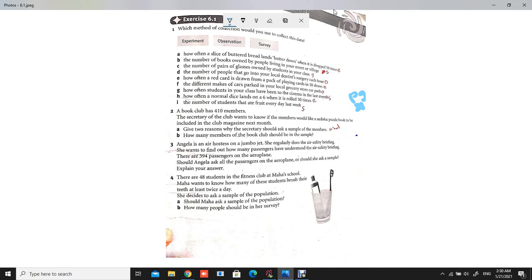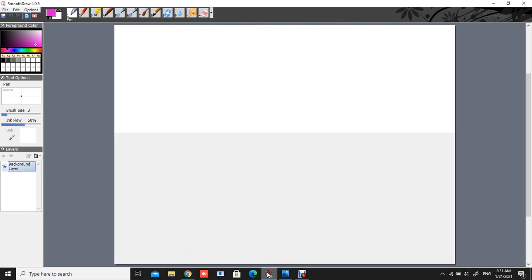How many members of the book club should be in this sample? This you need to calculate. How do you calculate? Look, we have to find 10% of 410. Okay, you need to find 10% of 410.